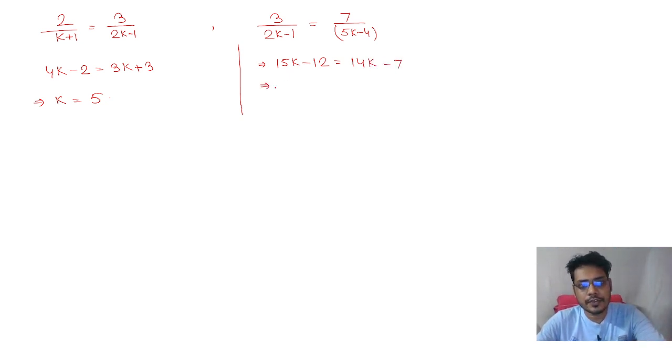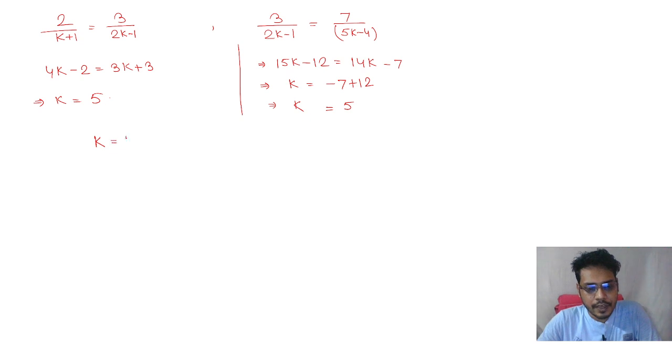So 15k minus 14k, k is equal to minus 7 plus 12, that means 5. So k is also 5. So from both the equations you get that the value of k is 5. So if the value of k is 5, the given system of equations has infinitely many solutions.